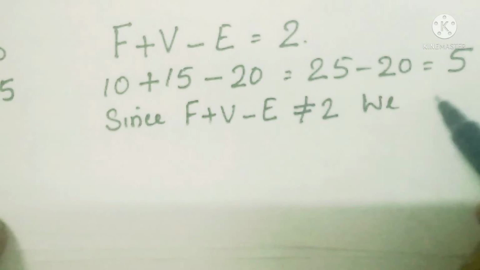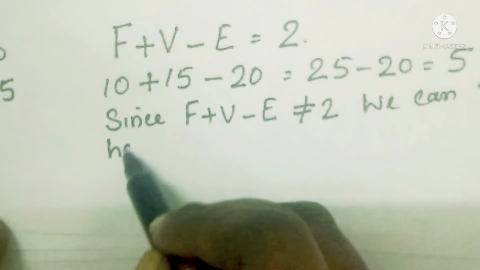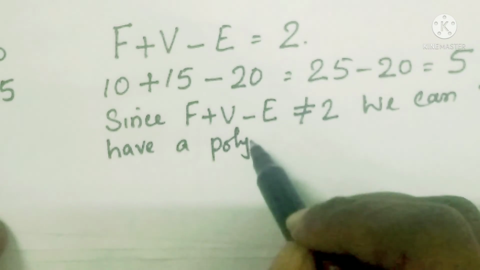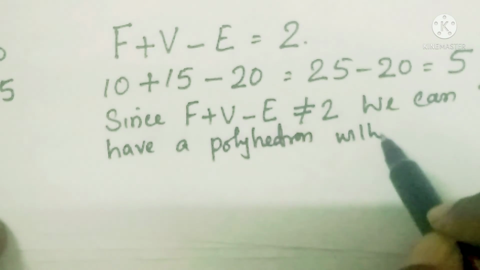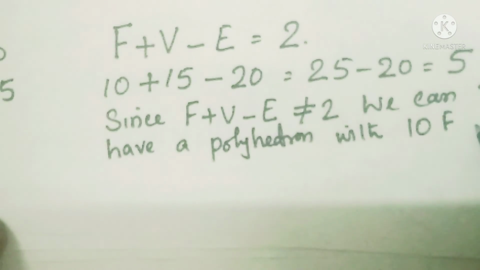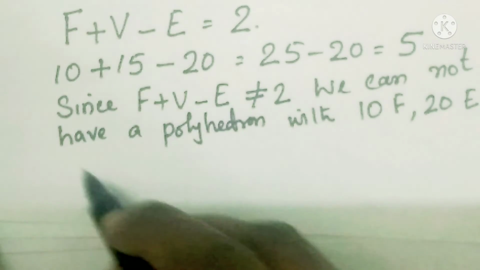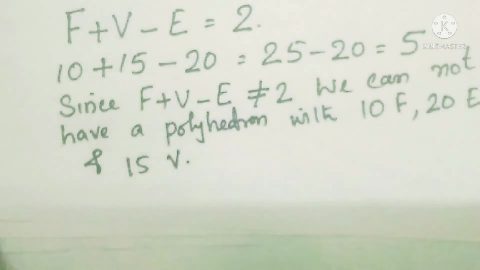We cannot have a polyhedron with 10 faces, 20 edges and 15 vertices.